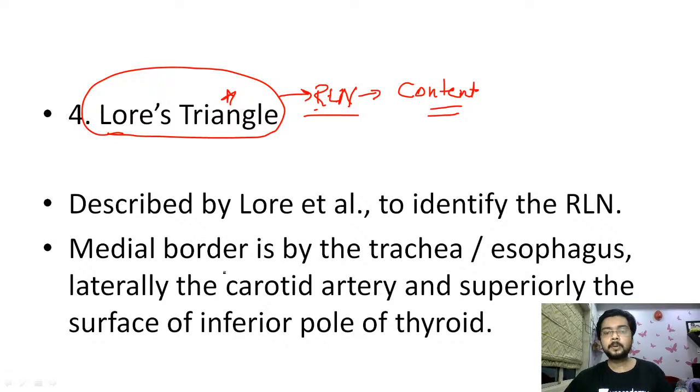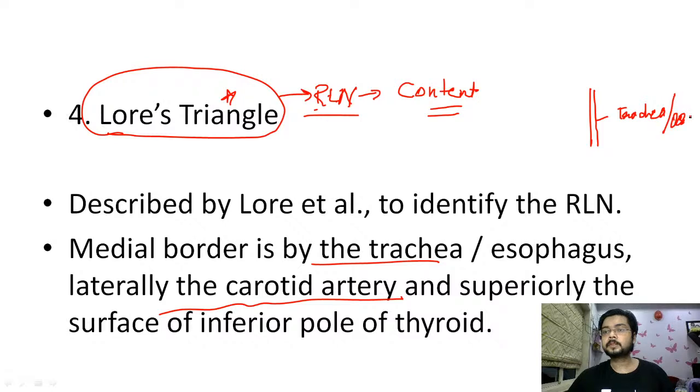Here the medial border will be the trachea and oesophagus. Lateral will be the carotid artery. Superiorly will be the inferior thyroid artery, and in this triangle you will find the recurrent laryngeal nerve. So if you see here, this is your midline, which is trachea and oesophagus.